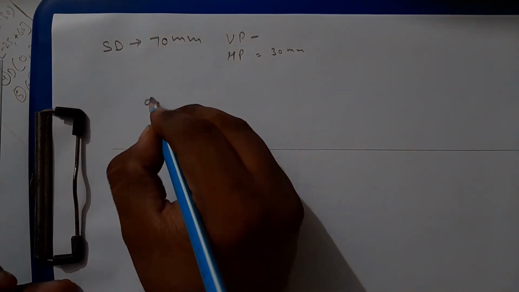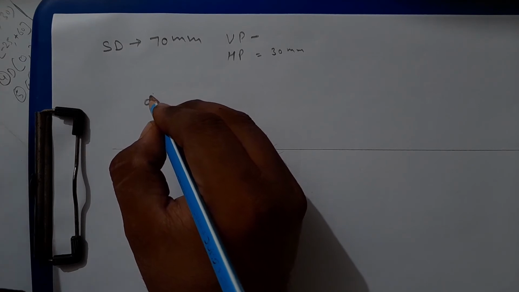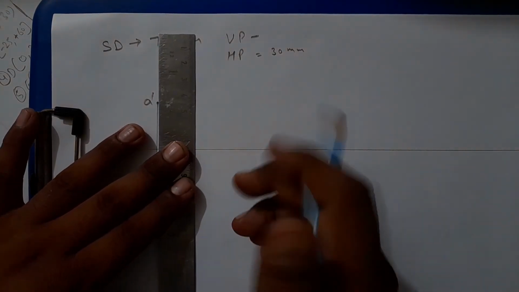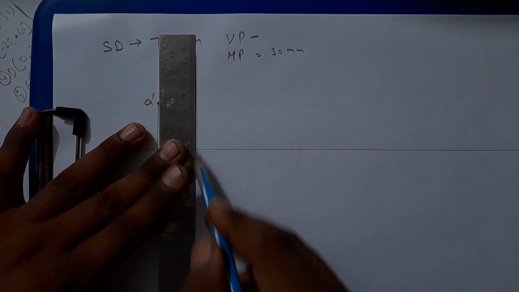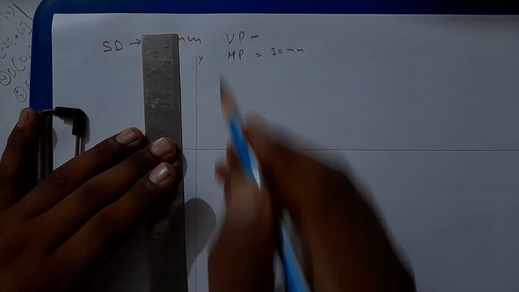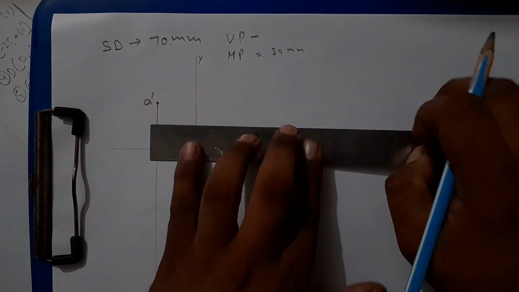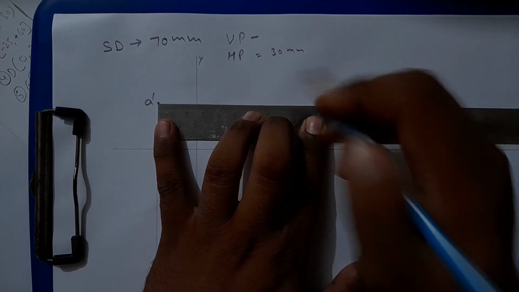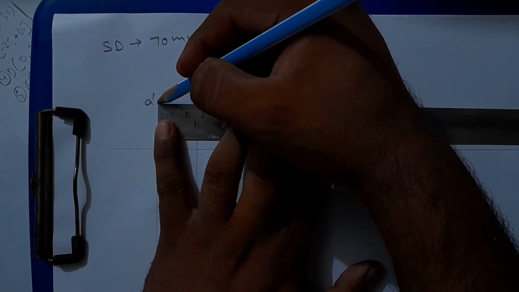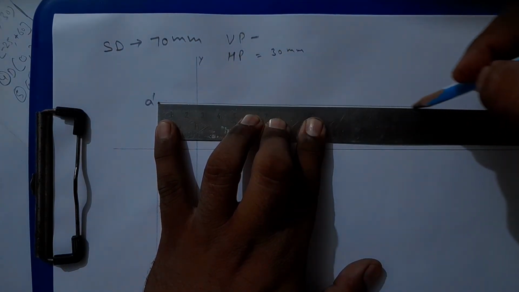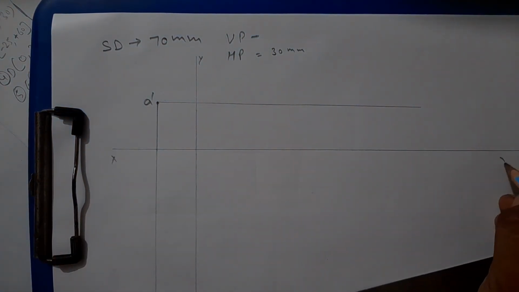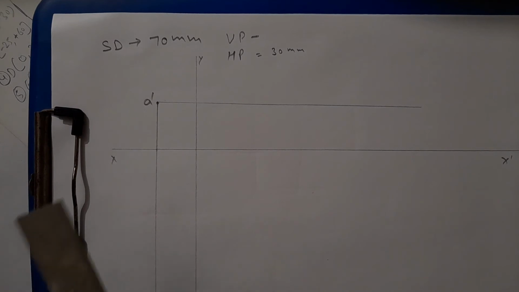Now we have A dash over here. Now we need to plot the YY dash line at any distance we can use. Here we need to mark a horizontal line from A dash, parallel to XX dash, that is the construction line.